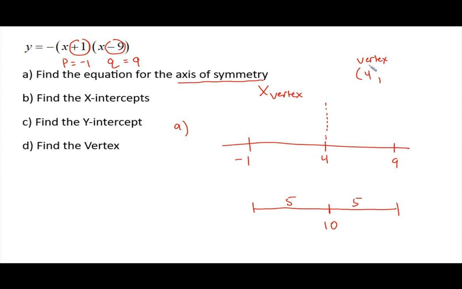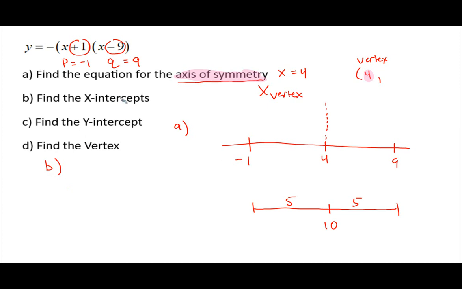Now the x value of the vertex is the same thing as the axis of symmetry. So for part A here, our answer is going to be x is equal to 4, because the x value of the vertex and the axis of symmetry are the same thing. So that's part A. Let's take a look at part B.